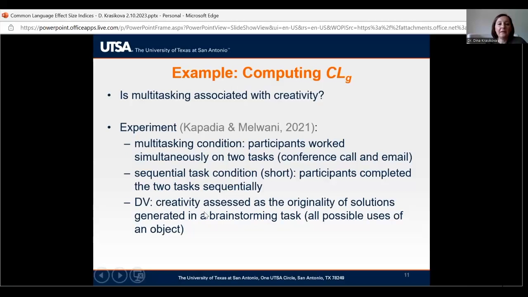The dependent variable was creativity. Assessed was the originality of solutions in the brainstorming task. Participants were asked to come up with all possible uses for an object, and then raters assessed the originality of their solutions.